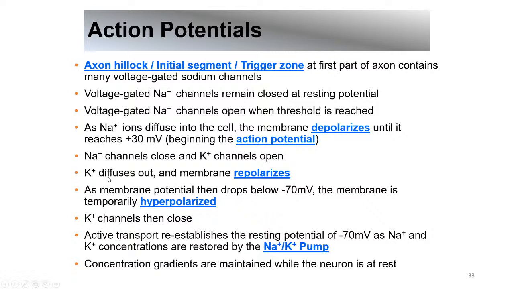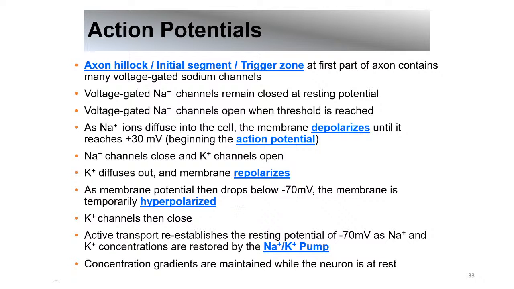As that happens, the voltage is going to drop, or in other words, the charge across the membrane is going to drop, and the cell will repolarize. It will become polar again. As the membrane potential drops below -70 millivolts, it is temporarily hyperpolarized. In other words, we overshoot just a little bit when we are repolarizing.